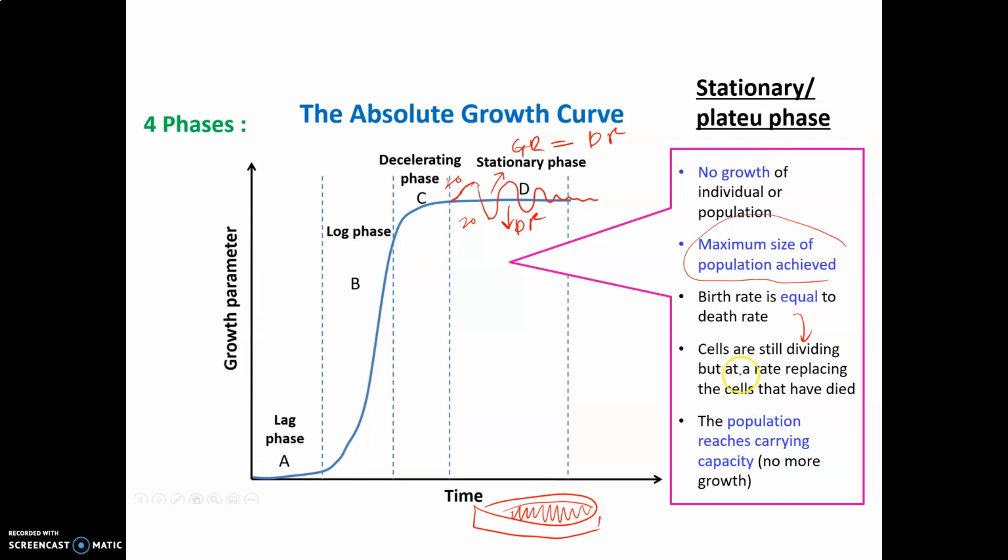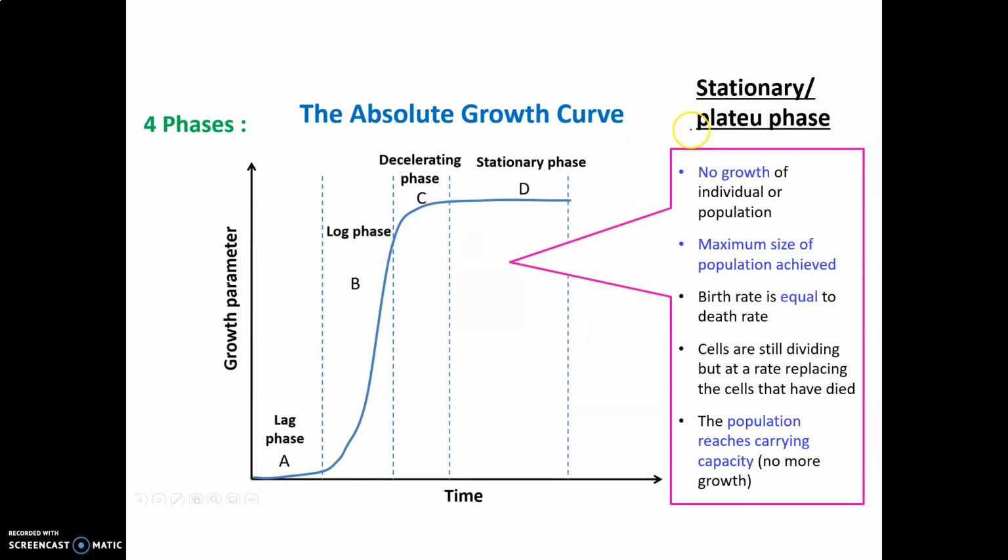Kebolehan sama ada the keupayaan ataupun kebolehan sama ada the population itu boleh ditampung pada satu masa yang sama. If let's say carrying capacity dia takat ini saja, maka dekat sini je lah capacity dia yang boleh tampung the growth. Tetapi kalau lebih pada itu memang tidak akan boleh grow lah. Okay, ini adalah stationary ataupun plateau phase.